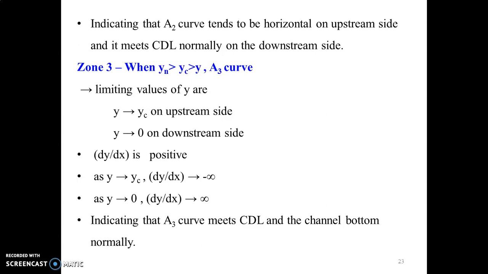And when these limiting values are given in the dynamic equation, when y tends to yc, you get dy by dx as minus infinity, and when y is given the value 0, you get dy by dx as infinity. As always, when you get the infinite value, some line is going to be met normally, so the A3 curve is going to meet the critical depth line and channel bottom normally.